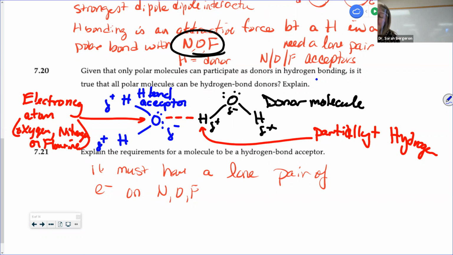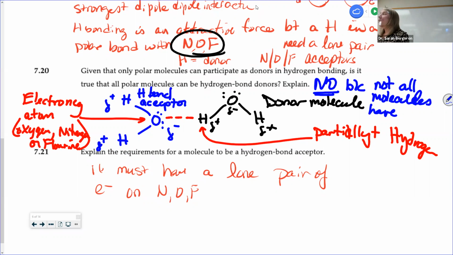No. Not all molecules have a hydrogen, let alone a partially positive hydrogen. That's the definition. To be a donor, you have to have a partially positive hydrogen. To be an acceptor, you have to have an oxygen, nitrogen, or fluorine that is partially negative.